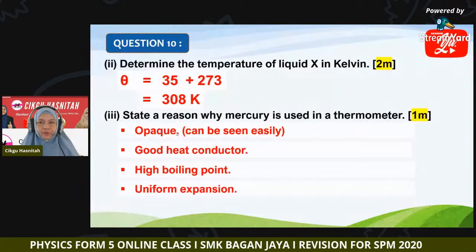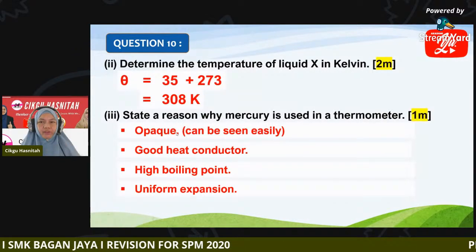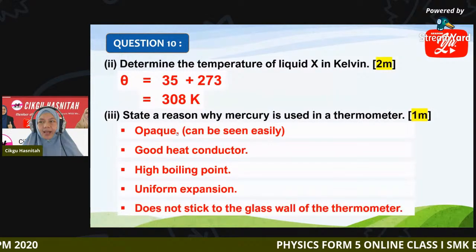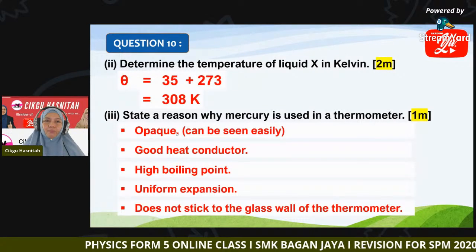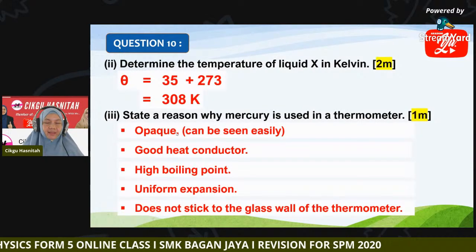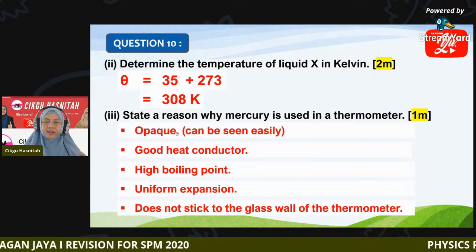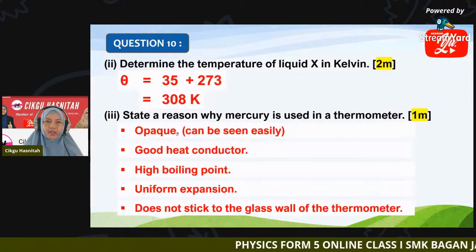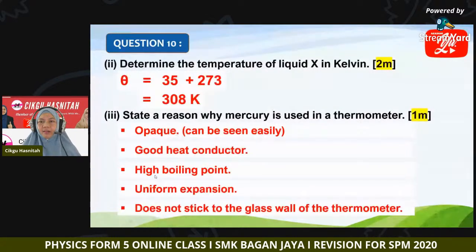Very good. And you can also say it does not stick to the glass wall of the thermometer. So it doesn't wet the glass wall, so it is easy for us to see the reading. So these are the 5 options you can state on the reason for using mercury in a thermometer. All right.